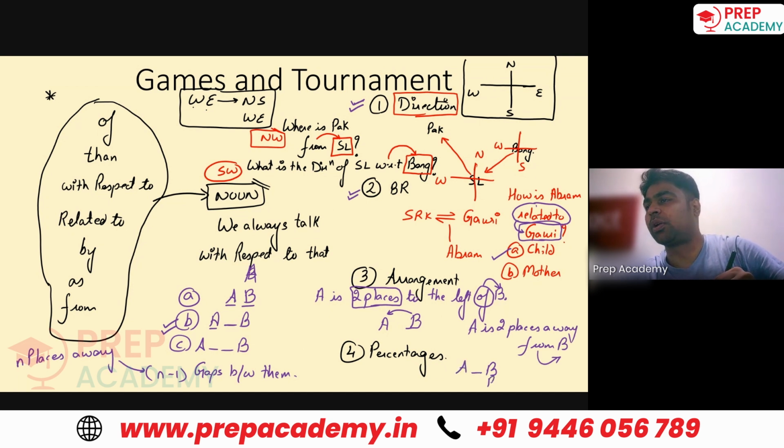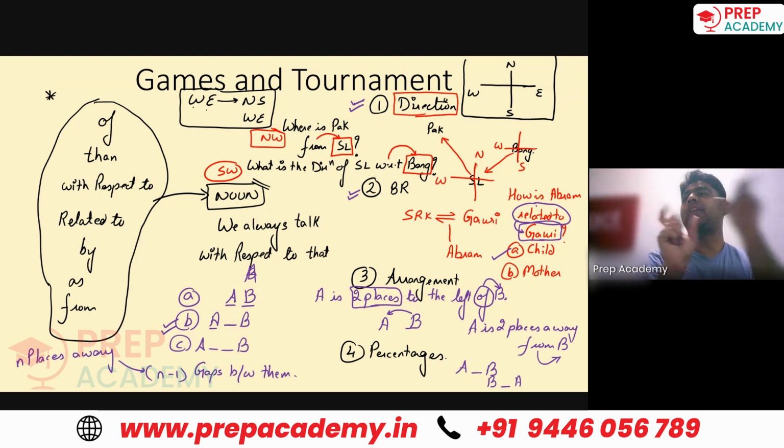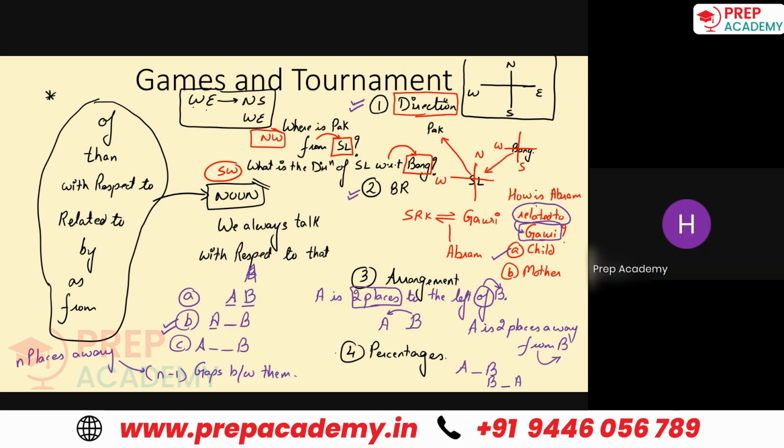But it can also mean this thing, right? In the word away, to the left or right was not mentioned. Understanding? So that is the reason. Clear? Sir, so A is 2 places away from B would also be option B, right?